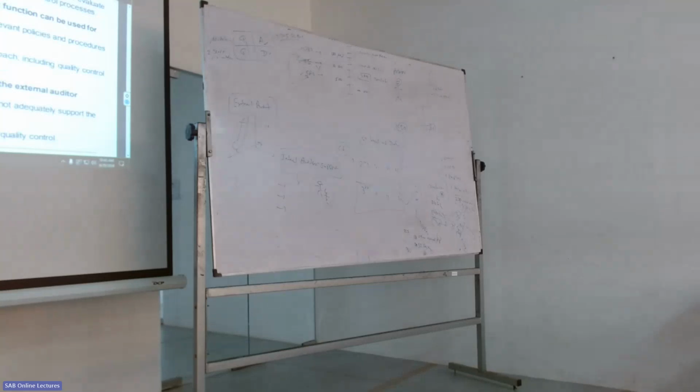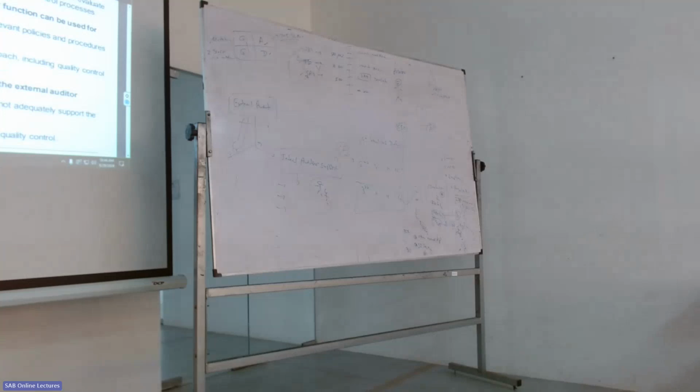The external auditors shall determine whether the work of the internal audit function can be used for purposes of the audit by evaluating the following. Right? The extent to which the internal audit function's organizational status and relevant policies and procedures support the objectivity of the internal auditors. Objectivity, right? The level of competence of the internal audit function.